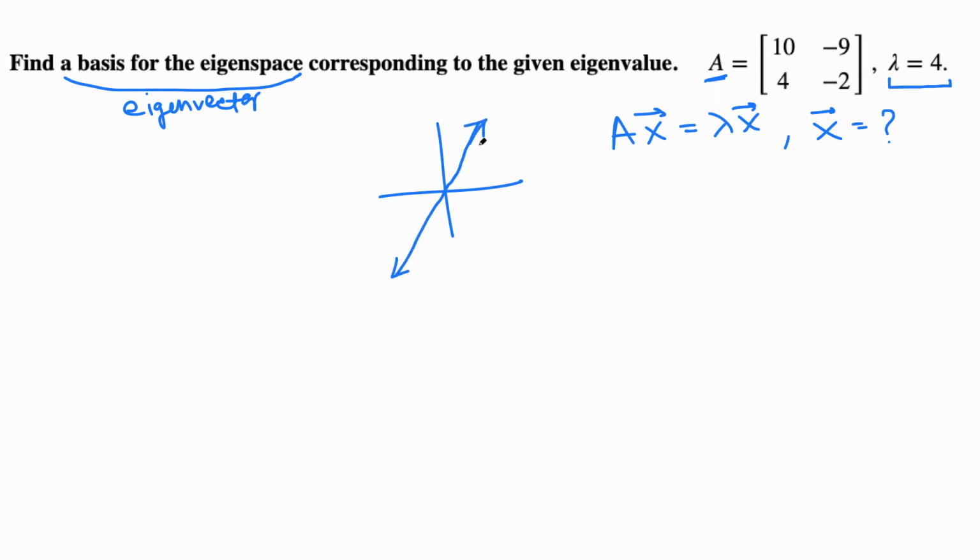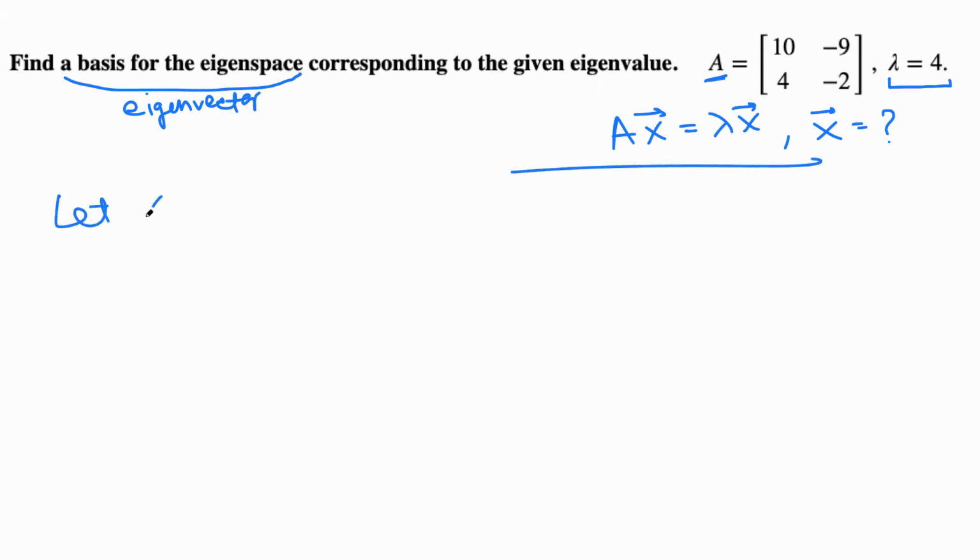Any straight line passing through the origin is a subspace, and that is an eigenspace. For the basis we cannot have 0, but anything else on this line. So we set up Ax equals lambda x and try to find x. This is just the background.